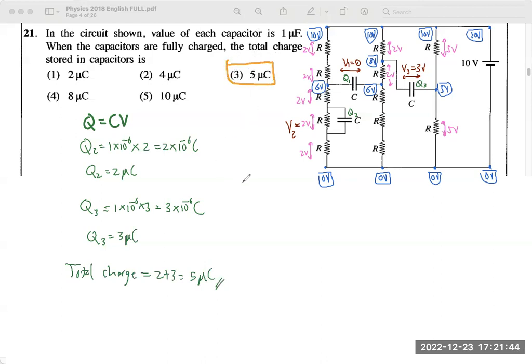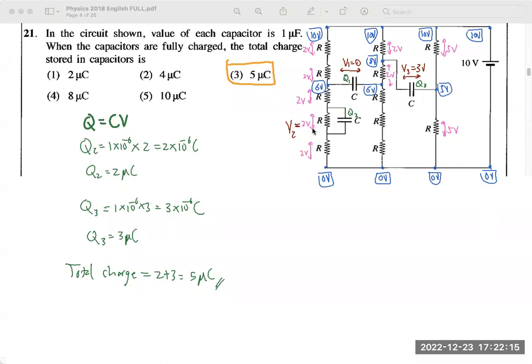Five microcoulomb. Okay, 21st one. 8 minus 5, 3 volt here, and here a total of nothing, and here 2 volt, and everything is 1 microfarad.